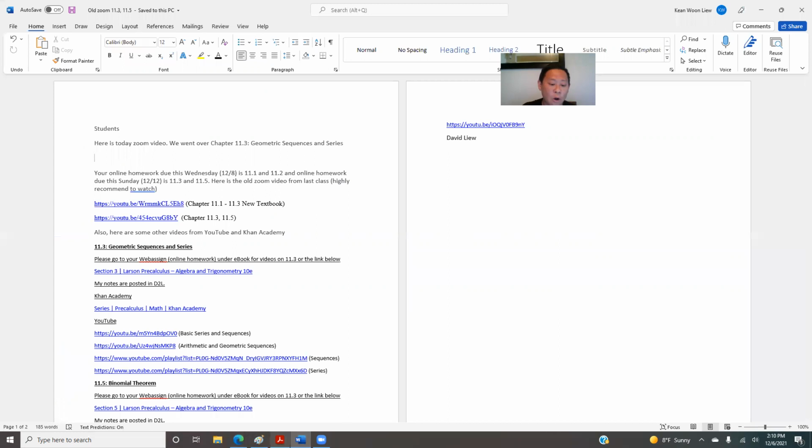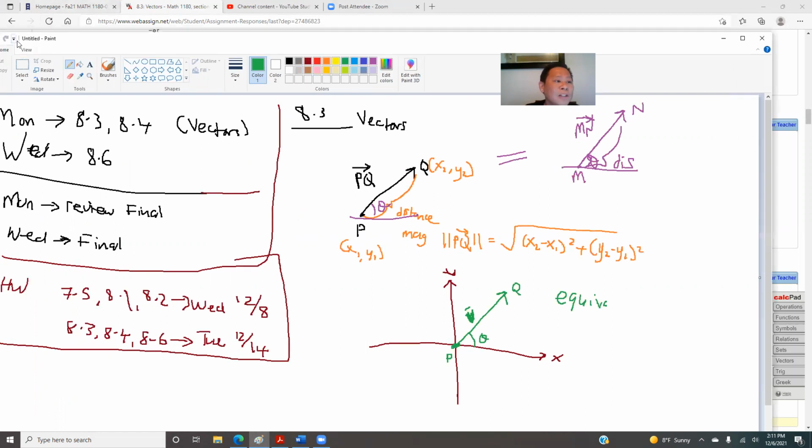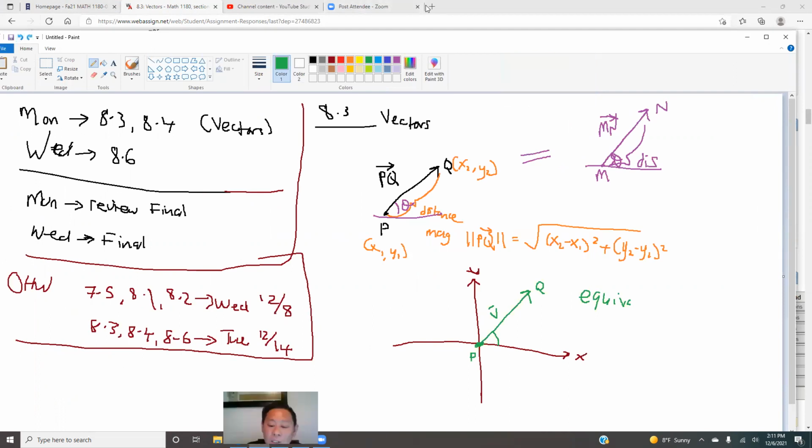Because in here, I cannot bold this, it's very difficult to bold, especially in the test. To bold means you keep on writing this. So for me, I don't bold it like that. I just put a little line on top, and this is considered a vector.